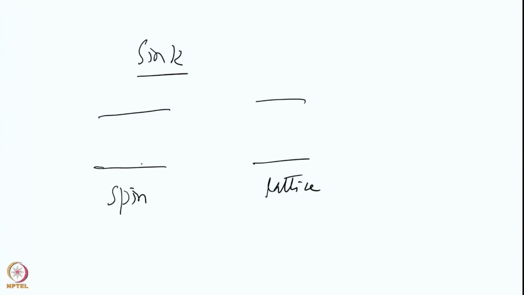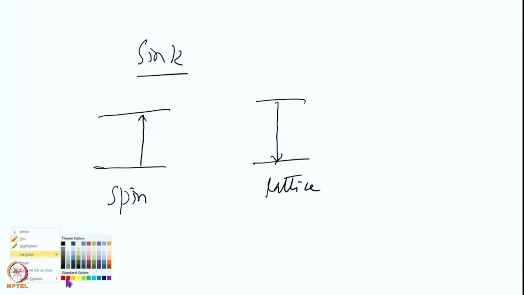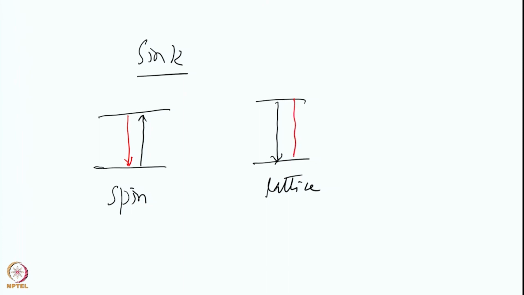If an absorption has to happen, a transition like this, it has to have a transition like this here. So the energy required will be gained from this, and if the spin has to lose energy, where does the energy go? It has to go here. The lattice will take this energy. So it is a kind of sink or source.